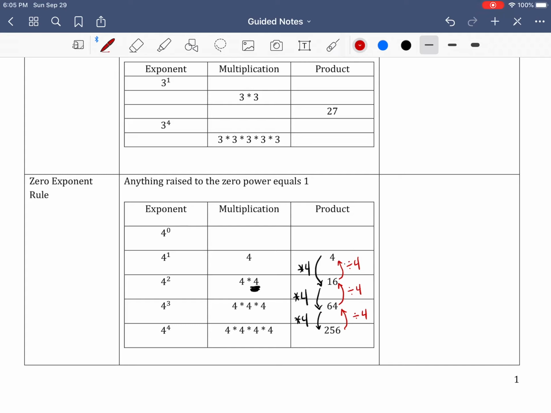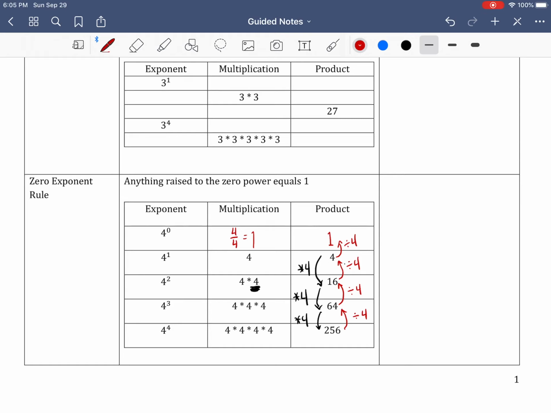So if we wanted to do 4 to the 0th power, we would do 4, and then we'd divide by 4 again. Now 4 divided by 4 gives us 1. So this proves that 4 to the 0th power is always equal to 1.